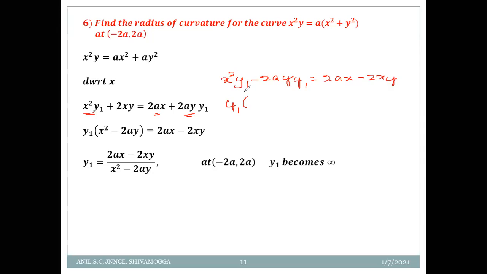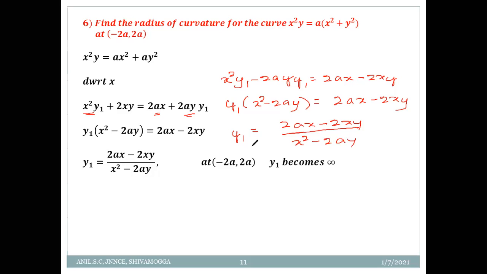As y1 comes outside, what you get here is x square minus 2ay, equal to 2ax minus 2xy. Therefore, y1 is equal to 2ax minus 2xy divided by x square minus 2ay.